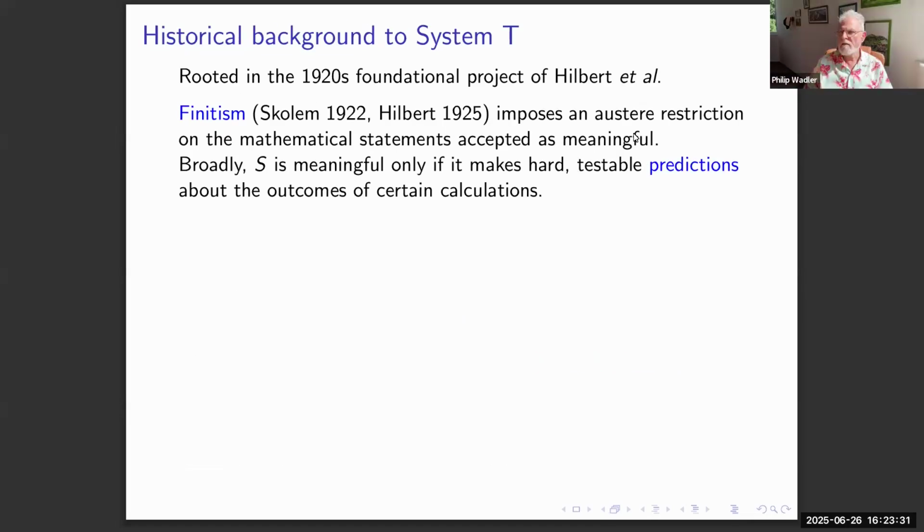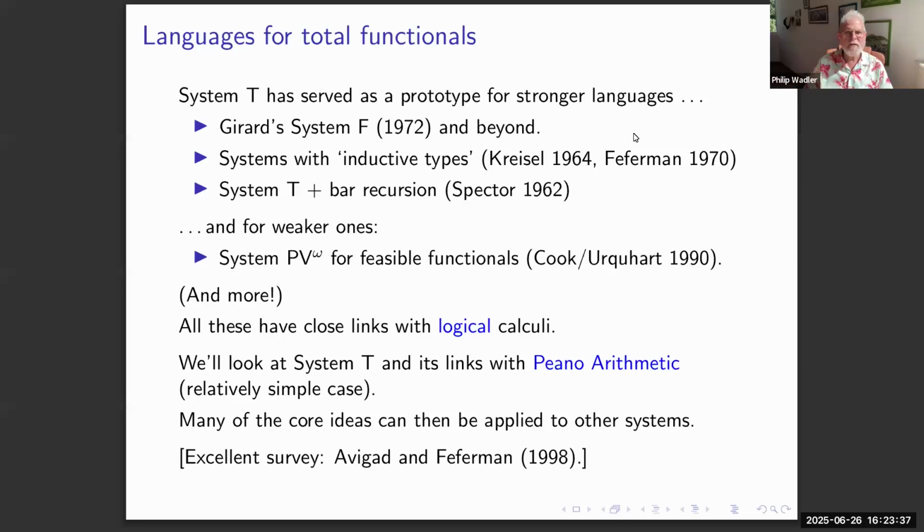John, question? Yes, if you can just go back to the previous slide. You mentioned Kreisel 1964 and Pfefferman 1970. I thought, oh, I should know those, but I don't. So I went to Google Scholar and typed in Kreisel 1964, but it didn't find the paper. Can you give me another keyword or two to put in to find the paper? Oh gosh.